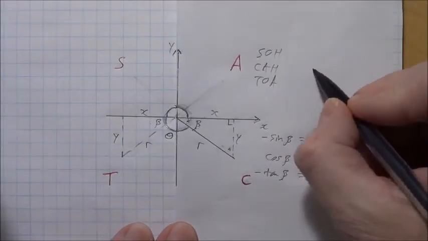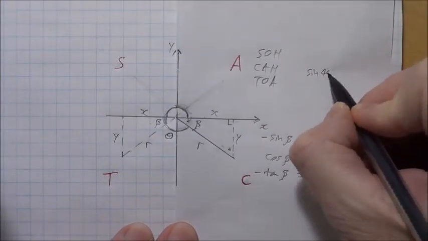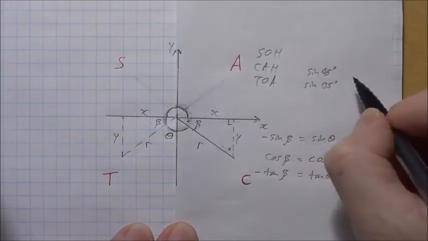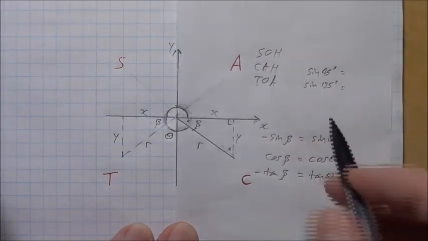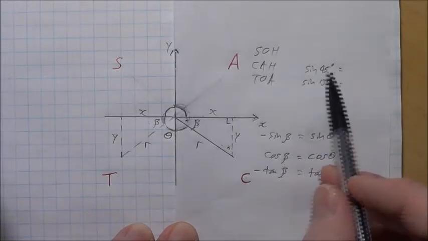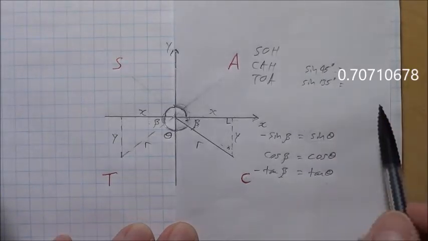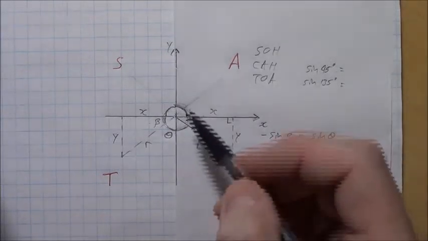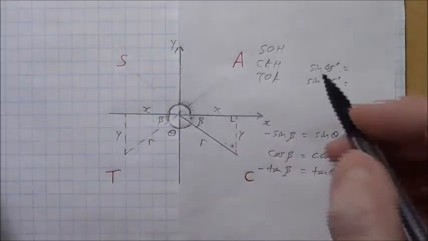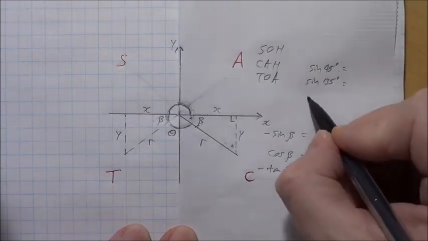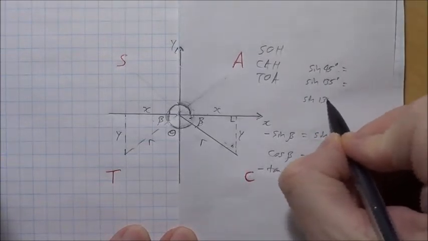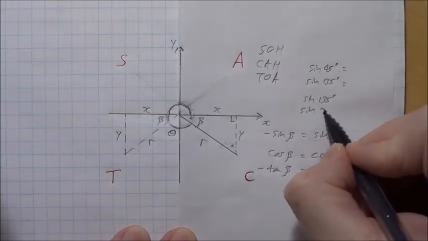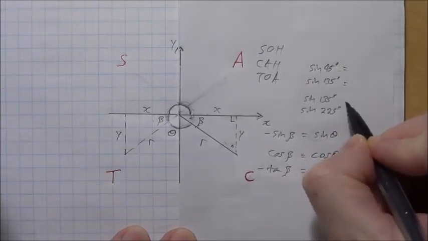So you could say, well, let's try sine of 45 degrees and sine of 135 degrees. If you work those out in your calculator, you'll find that the two ratios are actually the same. We could do the same thing in the third and fourth quadrants as well. Suppose I said sine of 135 degrees and the sine of 225 degrees.